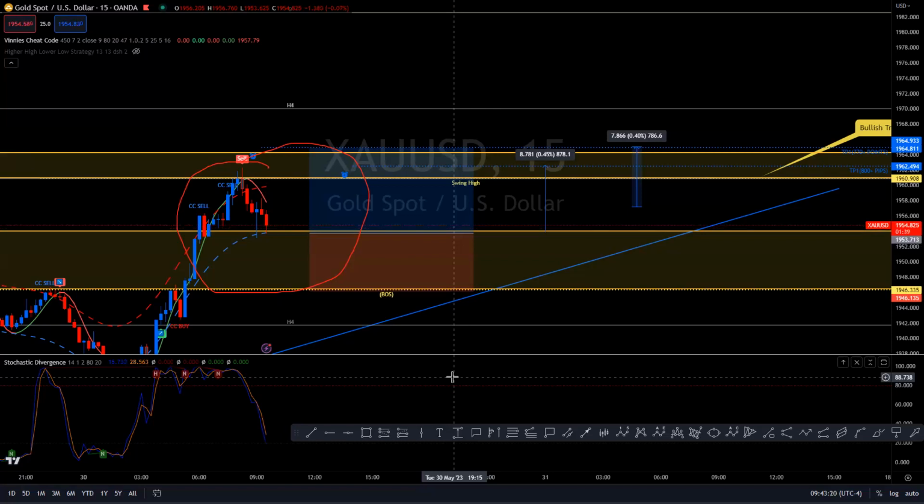Looks like we're really rejecting that Bollinger Band. We'll go over a minute now. It looks like it's sticking out of that Bollinger Band now, just a little bit more.